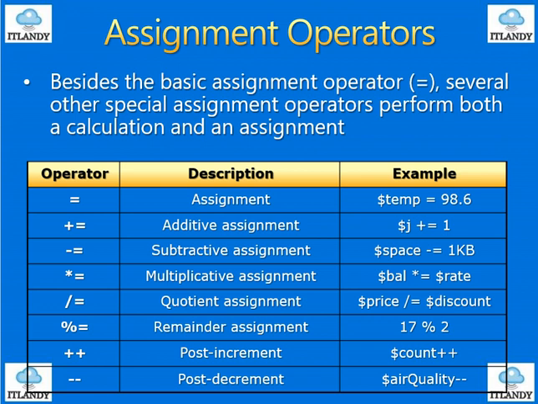Assignment operators. Besides the basic assignment operator, the equal sign, several other special assignment operators perform both a calculation and an assignment. Operators and description: equal, assignment; plus equal, additive assignment; minus equal, subtractive assignment; star equal, multiplicative assignment; slash equal, division assignment; percentage equal, remainder assignment; plus plus, post increment; and minus minus, post decrement.